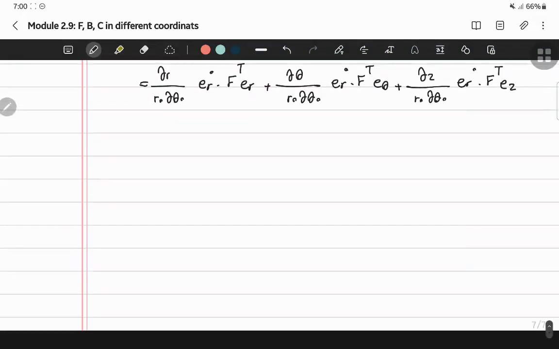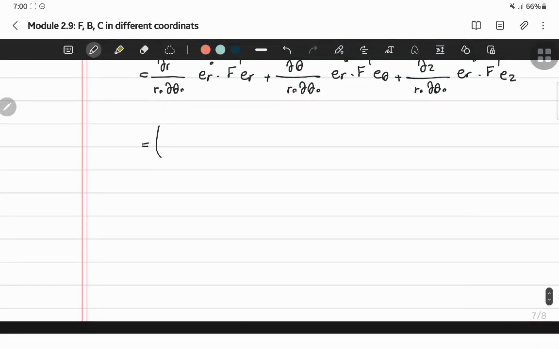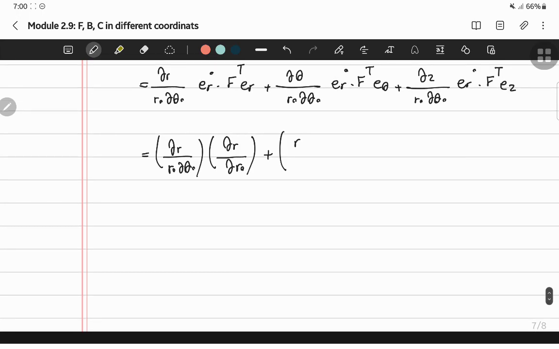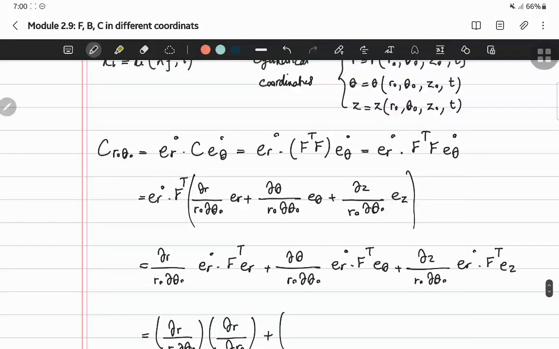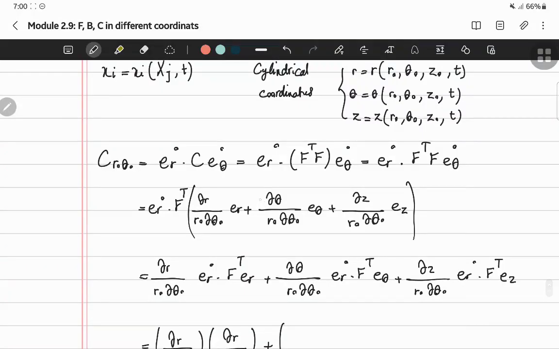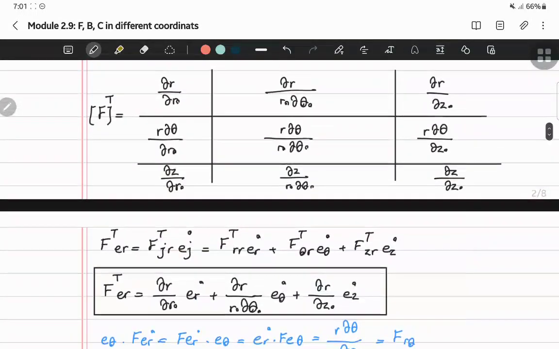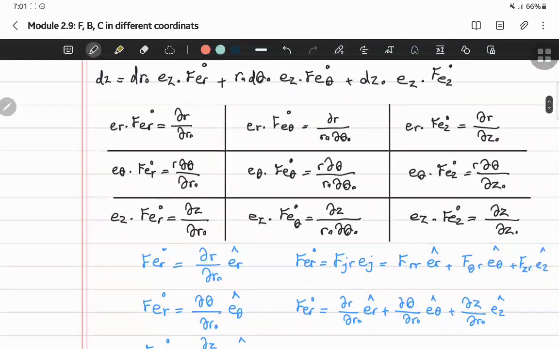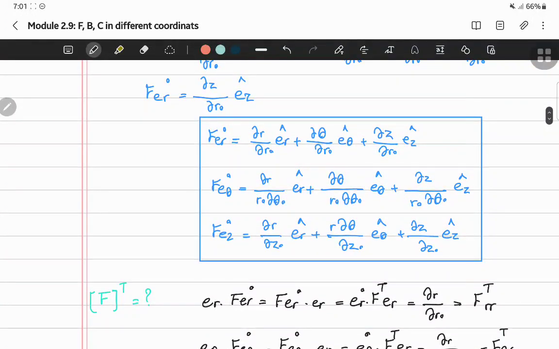So here it goes. Partial derivative R, R0, theta 0. Then this one is partial derivative of R with respect to R0 plus this is... sorry, I think that I missed something in here, like an R. So if I go to... yes, these all have R, I guess.